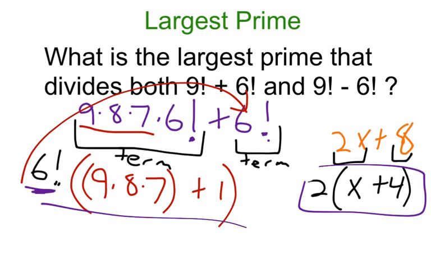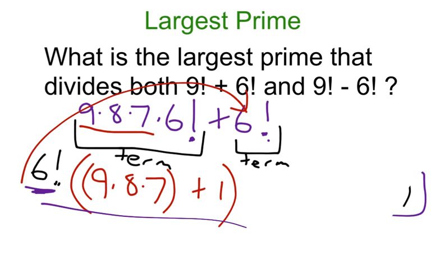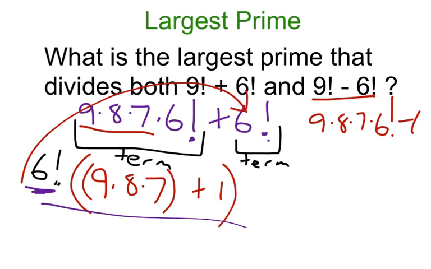Okay, let's do the same thing now for the second number, the 9 factorial minus 6 factorial. It's the same thing. We can rewrite that as 9 times 8 times 7 times 6 factorial minus 6 factorial. And now they both have a 6 factorial in common. My first term has a 6 factorial. My second term has a 6 factorial. So I'm going to factor out that 6 factorial.